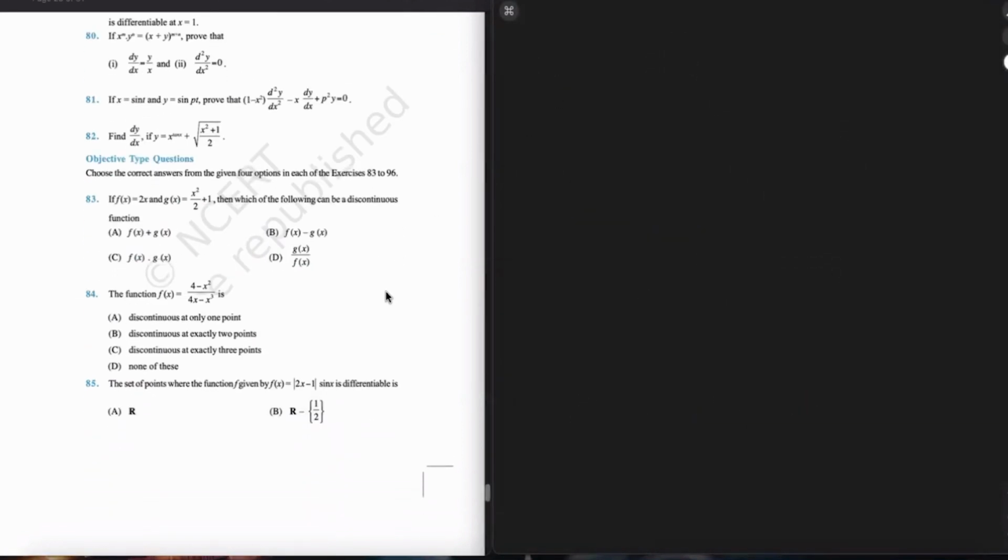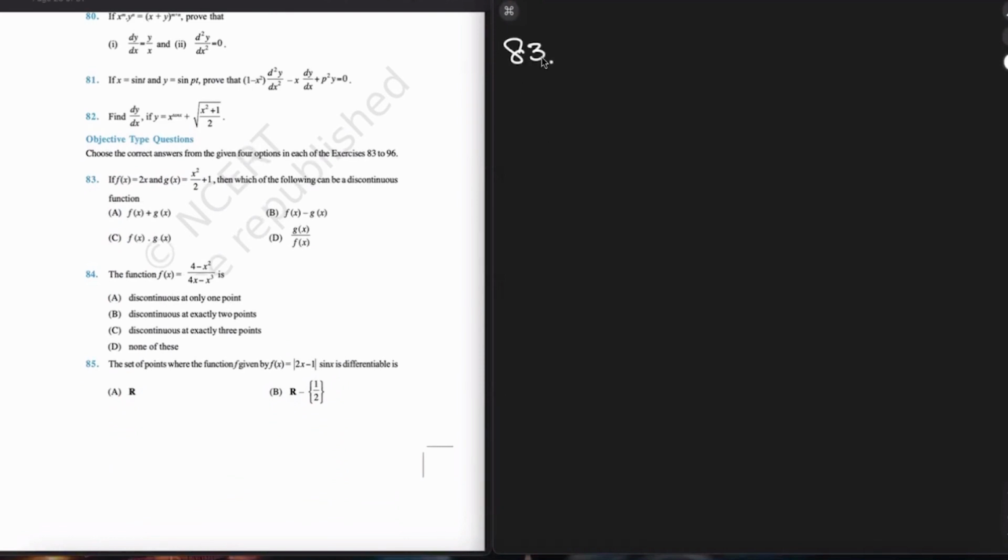Now moving forward with question number 83. If f(x) is equal to 2x and g(x) is equal to x square upon 2 plus 1, then which of the following can be a discontinuous function?